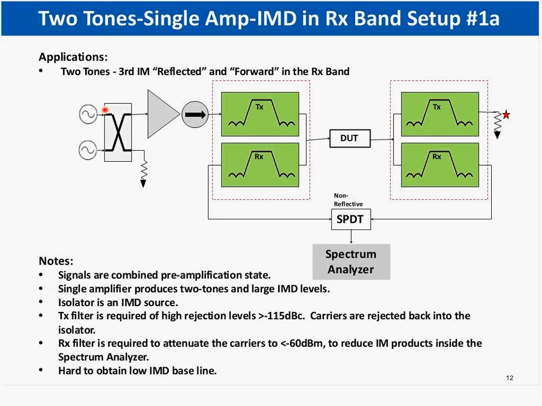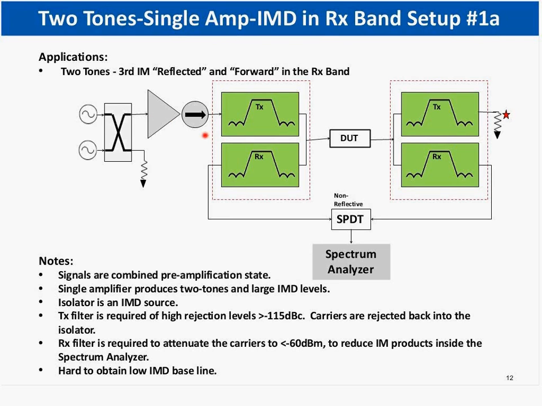We're using a duplexer before the device under test and a duplexer after the device under test. The two carriers are going through the TX. And here we are measuring reflective and forward PIM from the device under test. The reason I don't like this one that much is because we know this amplifier is going to produce the two signals, TX1 and TX2, but also the intermodulation product, probably 35 to 40 dBc down from the carriers if it's not linearized or optimized, which is the big honking amplifier in the back of our labs.